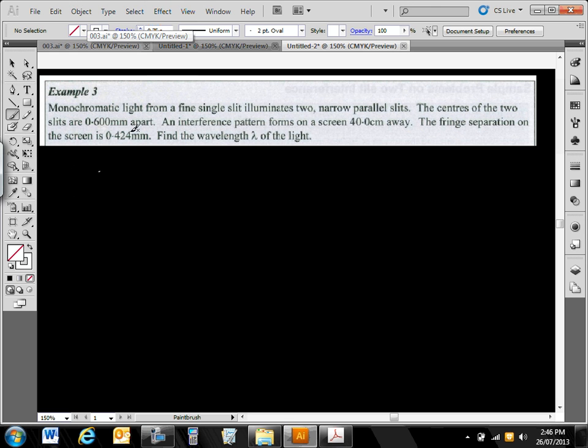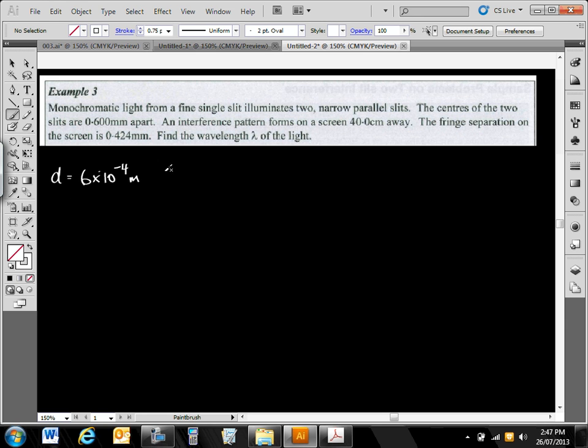Let's get our values correct. Centers of the 2 slits, so d equals 0.6 millimeters, which is 6 by 10 to the minus 4 meters. Is that right? Interference pattern forms on a screen 40 centimeters away.